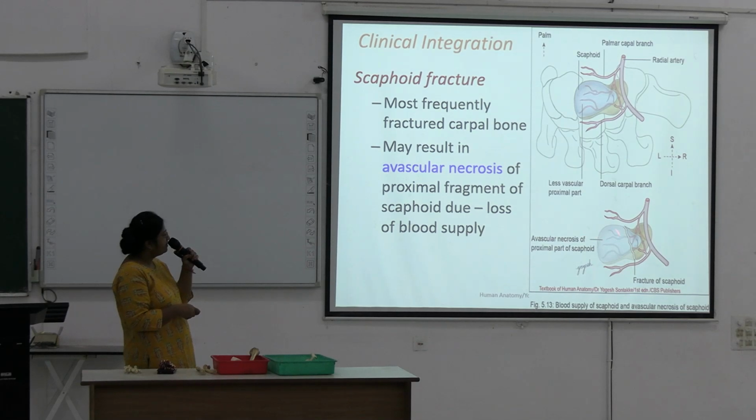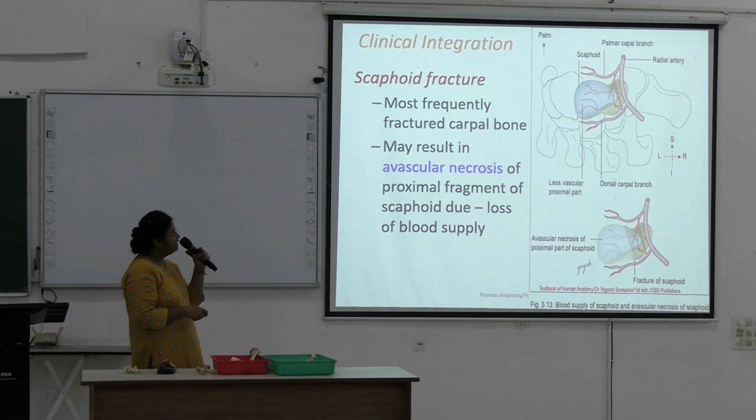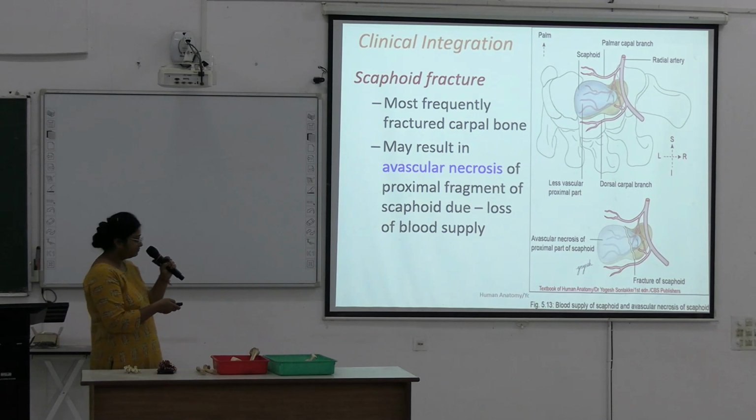See, this is the proximal segment and it has lost its blood supply because the blood vessels were entering through the distal surface of the bone from distal to proximal. So if fracture occurs near the waist region, this proximal part will lose its blood supply and it will go to avascular necrosis. Okay.